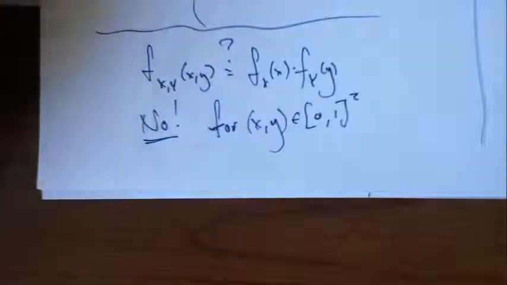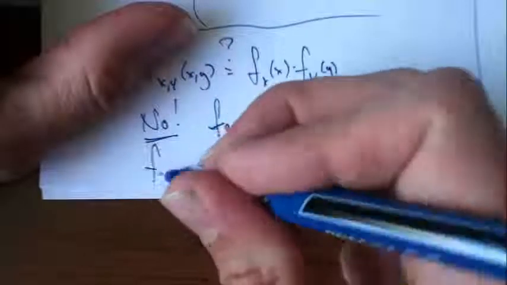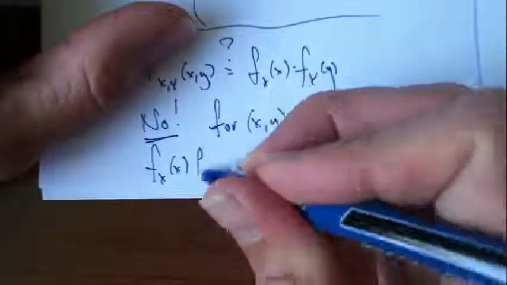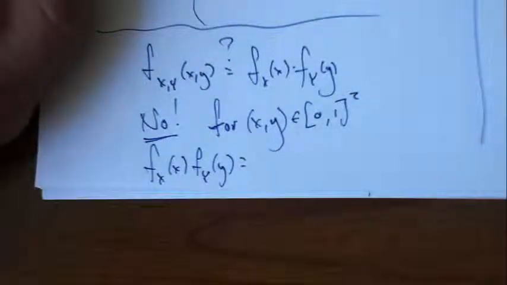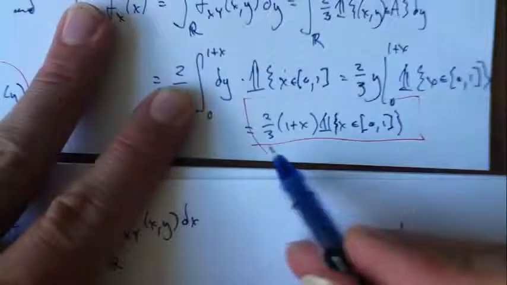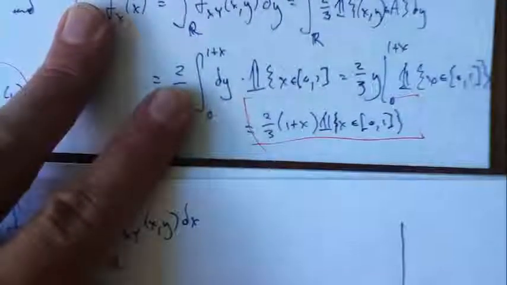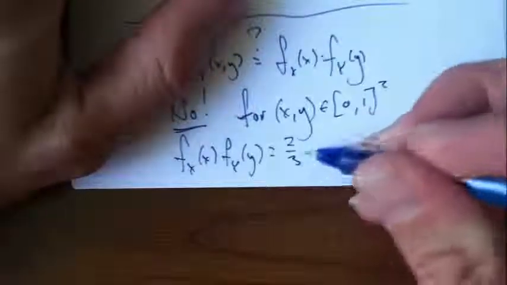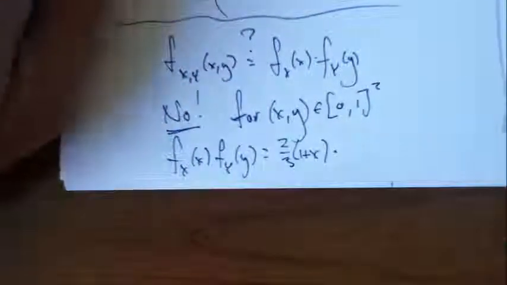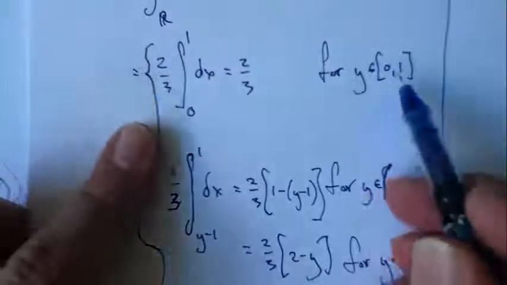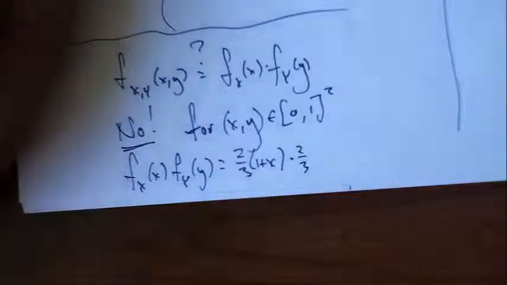Then what's the product of the marginals? Well, f sub x of x is this stuff for x down there, and so that's 2/3 times 1 plus x. And then times f sub y of y in that region, that's 2/3. So it's times 2/3.